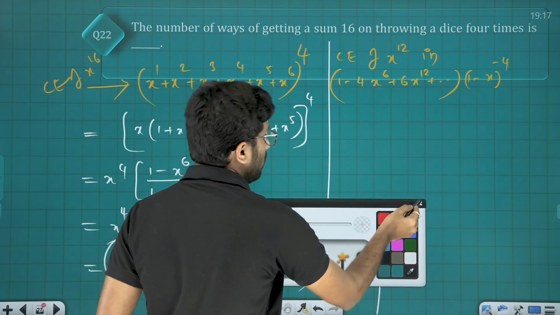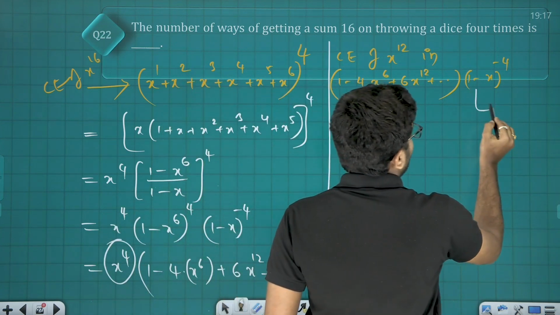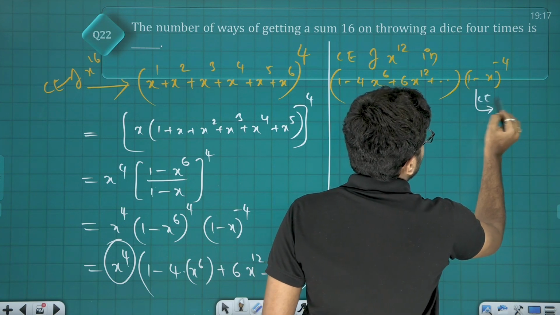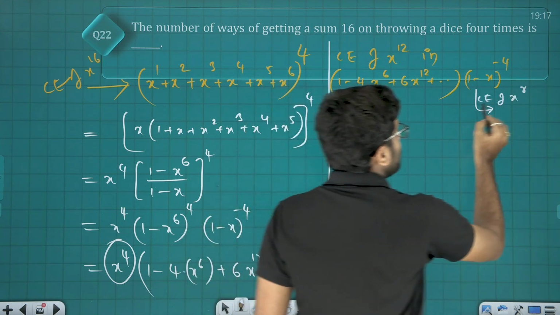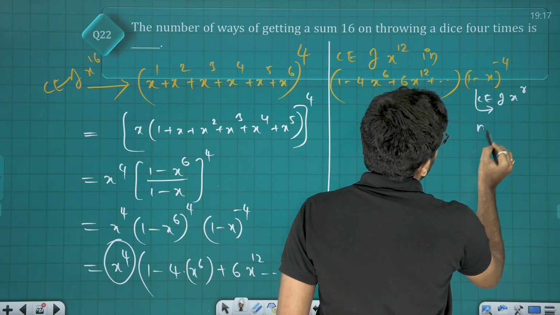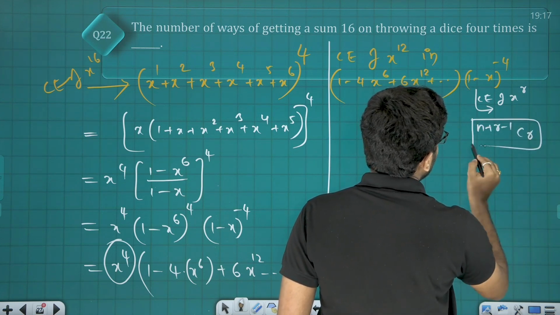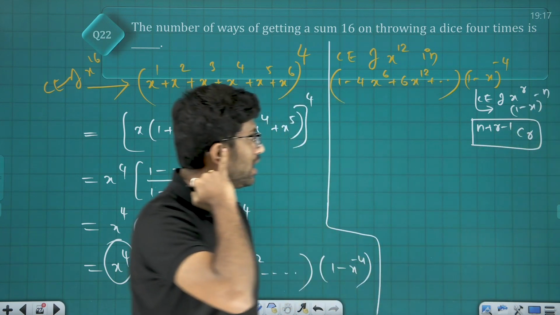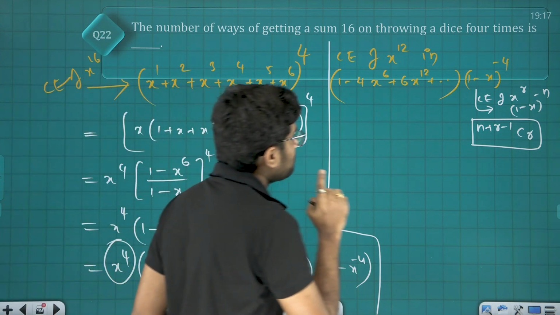Friends, we already know the binomial theorem for negative index. The coefficient of x power r in 1 minus x whole power minus n is n plus r minus 1 cr. Now see this, friends.